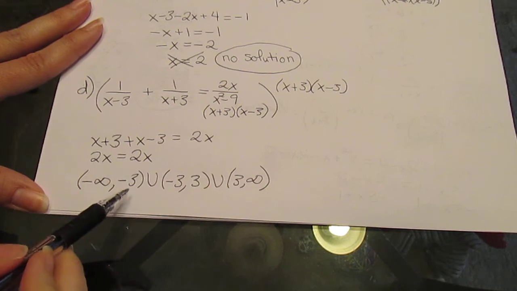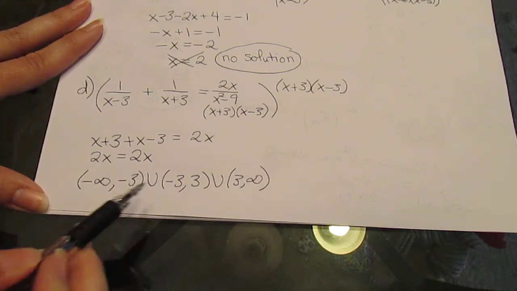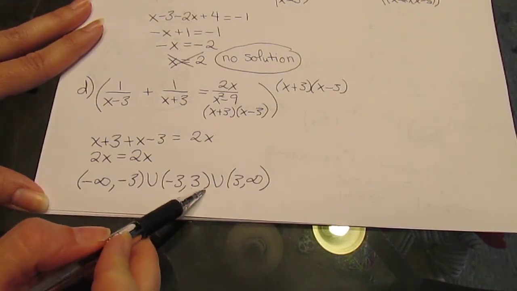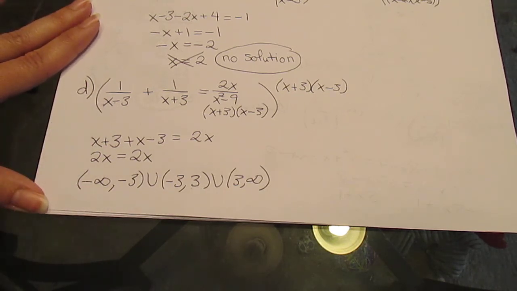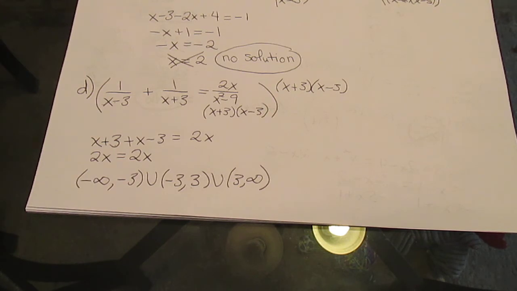Okay, notice I put parentheses with the negative 3 and the 3 because they're not included. They are not included in the answer because they make the denominator 0. So you're welcome to write all real numbers except for negative 3 and 3, or you can write it out in interval notation. Your choice.